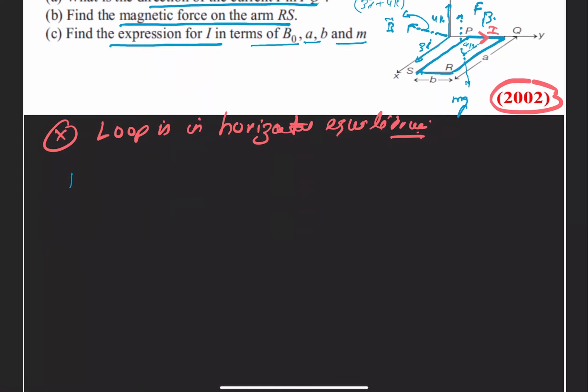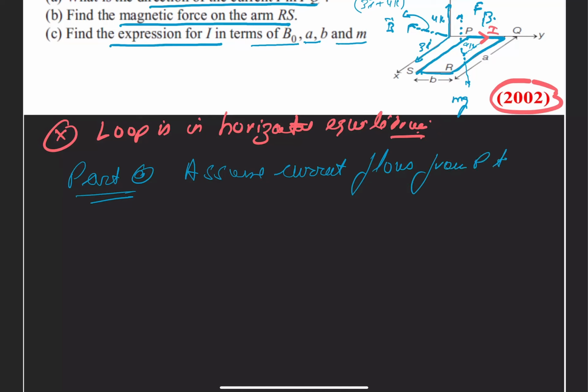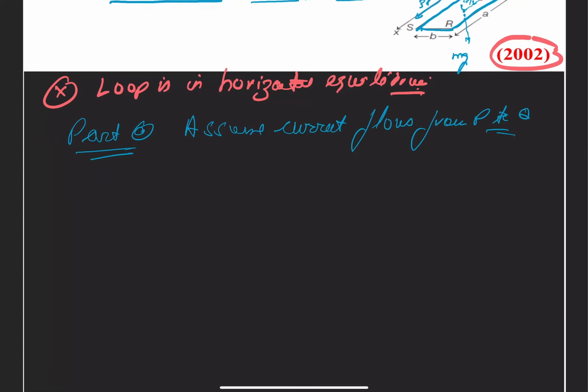So in part A, we assume current flows from P to Q, and now we can find out the magnetic moment.